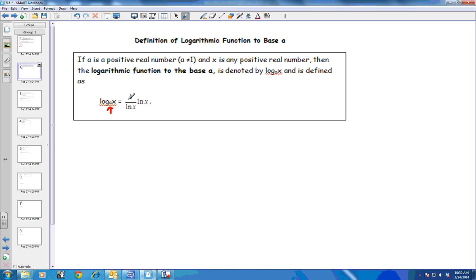Now there's a typo right here, it should say 1 over the natural log of a, so you need to fix that, times natural log of x. So another way to write log base a of x would be 1 over natural log of a times the natural log of x. Okay?